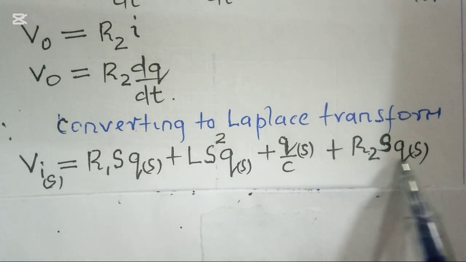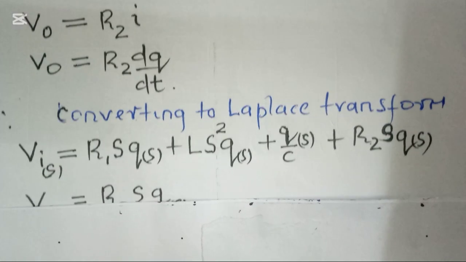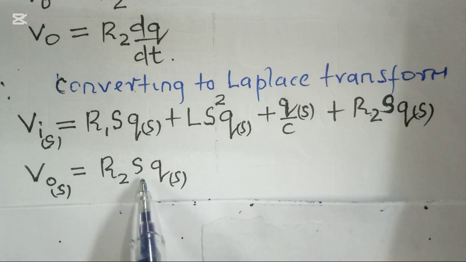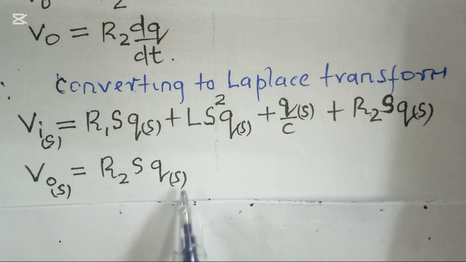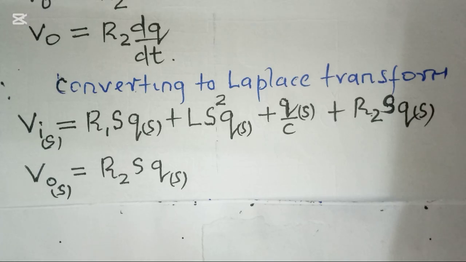And R2 which shall be just like this, R1. And then we come for the output. The output will be R2 SQS. So we have written that in terms of Laplace transform.